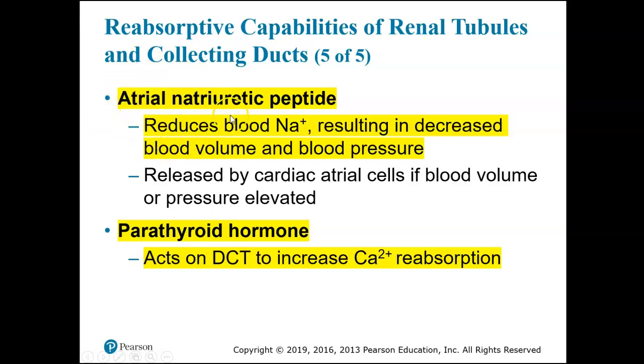So it's actually a hormone released by the heart, and it reduces blood sodium levels, and it results in decreased blood volume and blood pressure. When you don't have as much sodium in the blood, remember, water follows salt. So if you reduce sodium in the blood, you reduce water in the blood, and that reduces blood volume. And when you reduce blood volume, you reduce blood pressure.